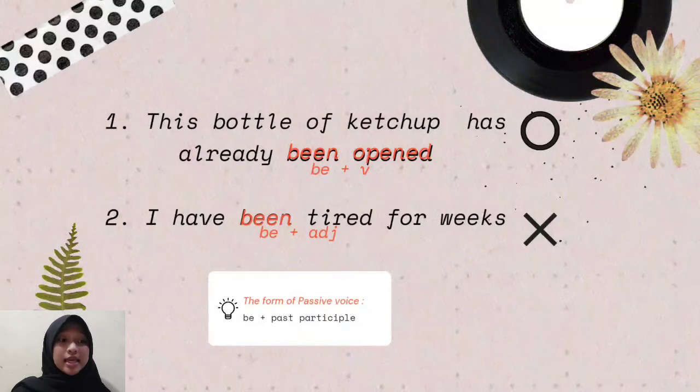Because this sentence has the be and the past participle. In the second sentence, we have be, which is great, but it doesn't have a past participle. Tired is an adjective, so that sentence isn't passive. So, always remember the passive has be and past participle.